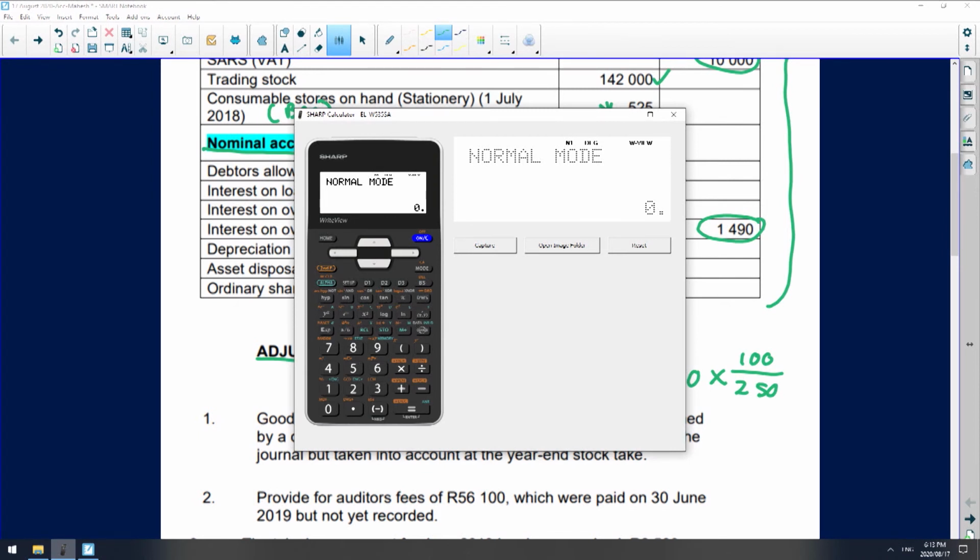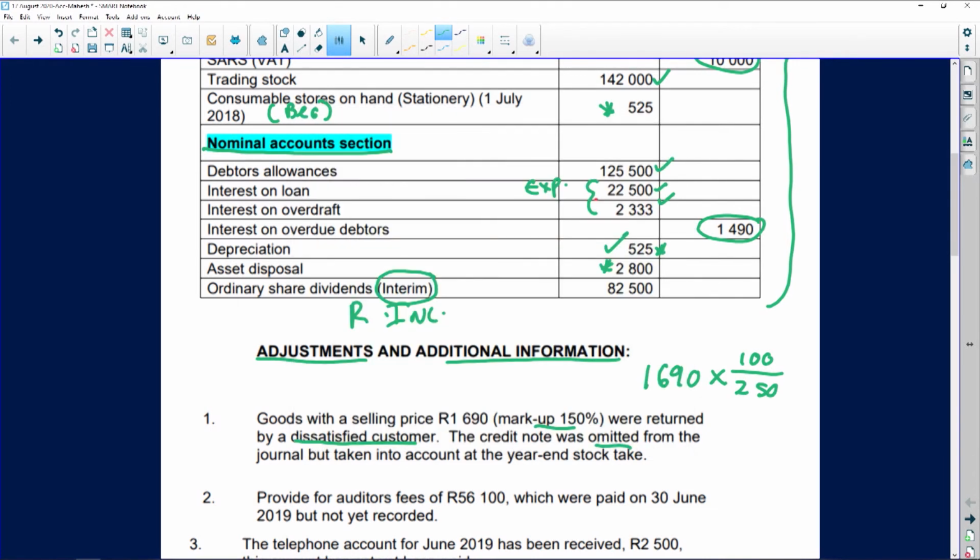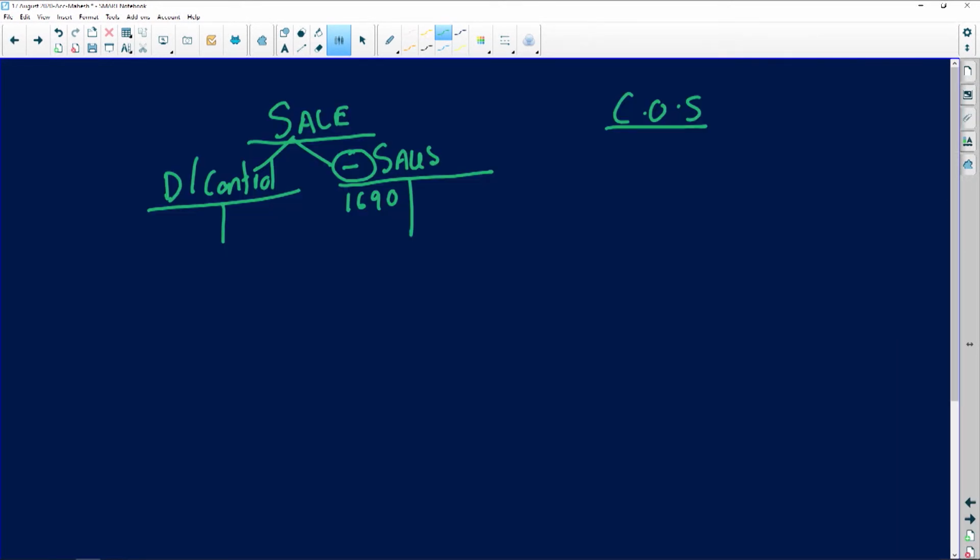So 1,690 times 100 divided by 250, and we are getting a cost price of 676. So that is my cost price that needs to be cancelled.